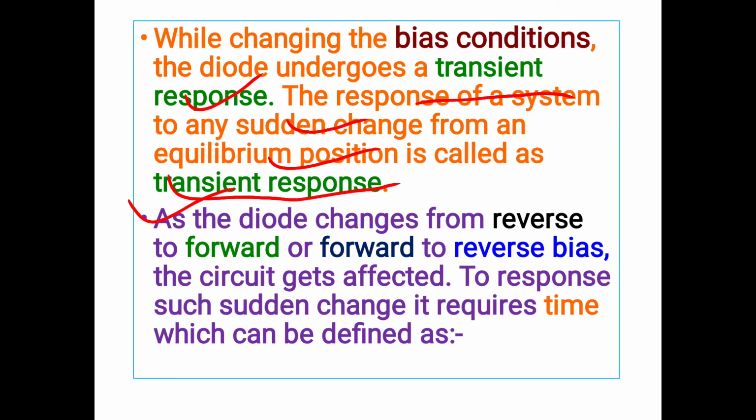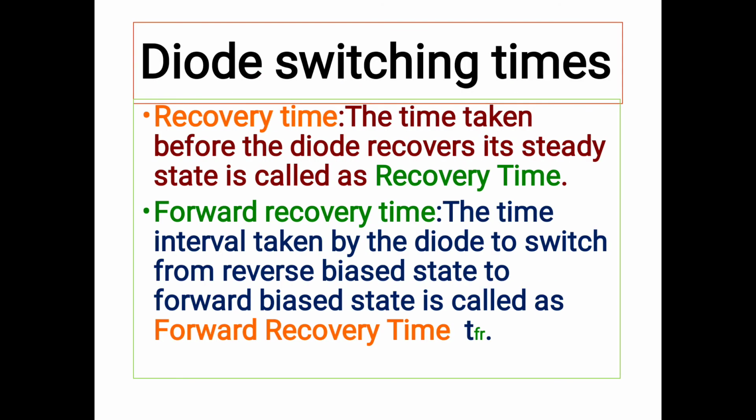As the diode changes from reverse to forward or forward to reverse bias, the circuit gets affected, and to respond to such a sudden change in the circuit, it requires time. So there are some times related to the switching of the diode.